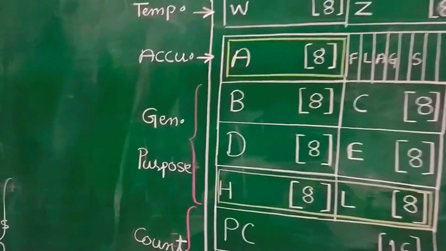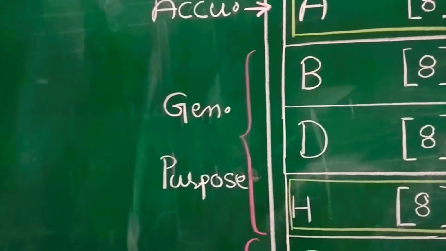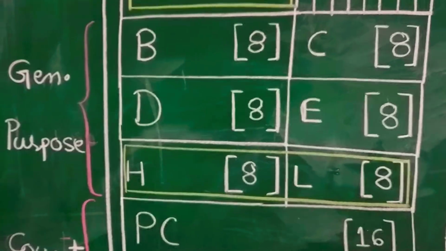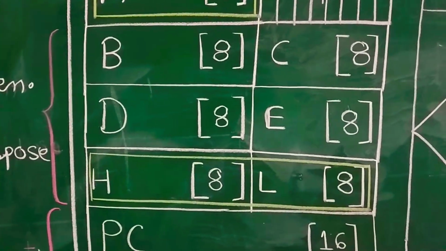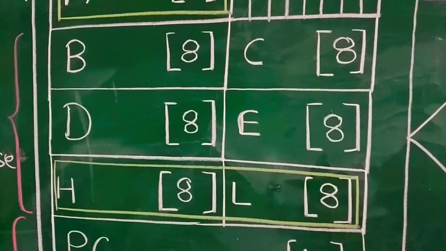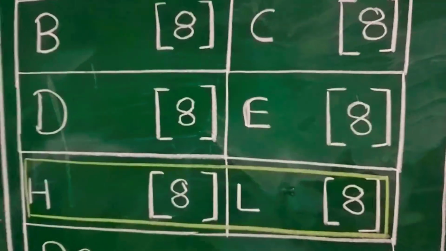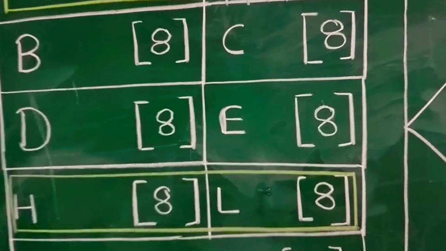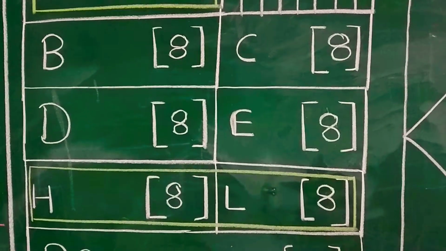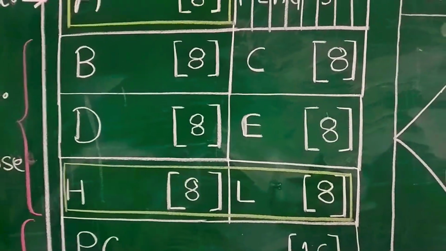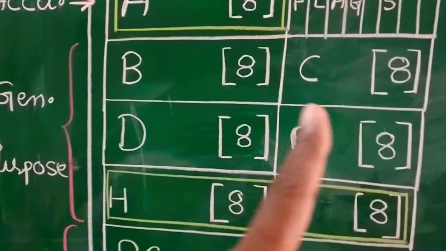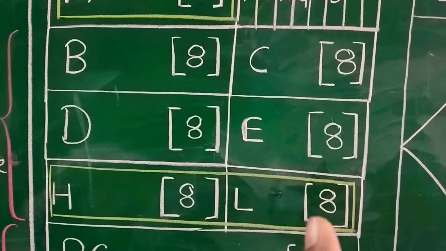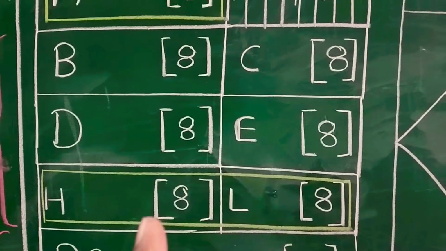Now coming to the general purpose registers. In the 8085 microprocessor, we have B, C, D, E, H, L: 6 general purpose registers. All these registers are 8-bit, which means 8-bit data can be stored in them for performing different arithmetic and logical operations.